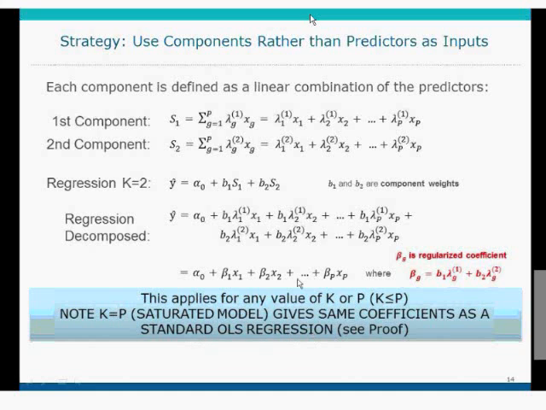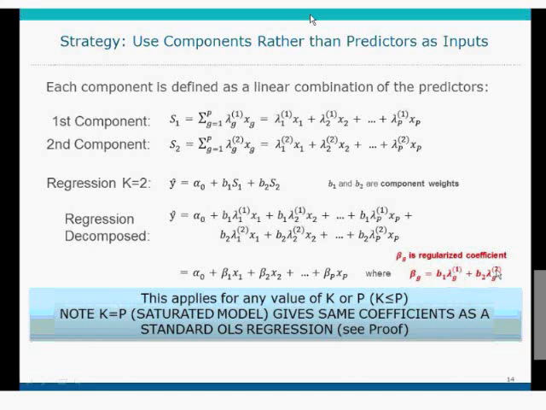In other words, regardless of how we get the components, if we take the number of components equal to the number of predictors, and we go through this procedure, what we end up with are, in fact, equivalent to the least squares regression coefficients.